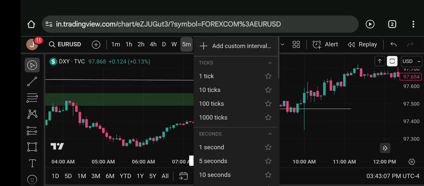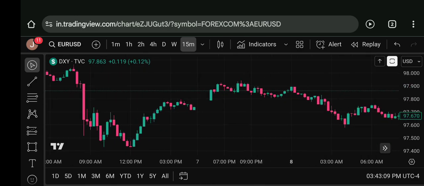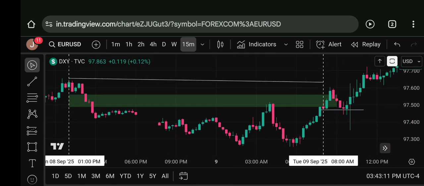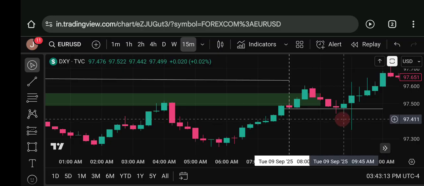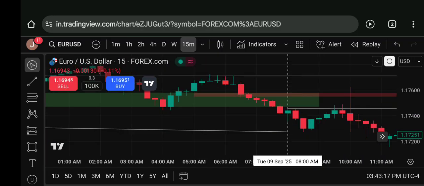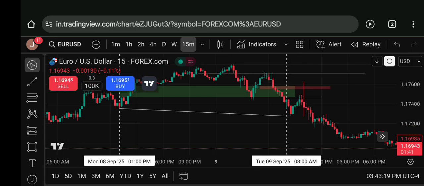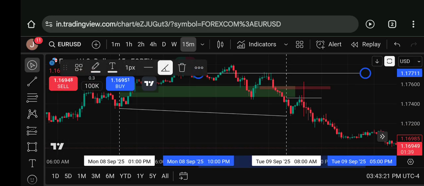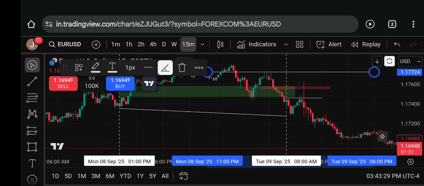So on the 15-minute it is not even a valid market structure shift, as the bodies did not close down below. So I paid for my mistakes. I should have waited for the market structure shift on the EURUSD, that is here, irrespective of my profit. Even if it is $1, I should make a rule that I will only trade after a market structure shift.